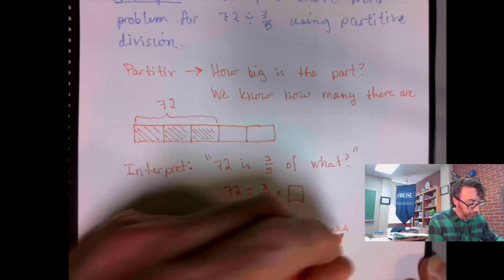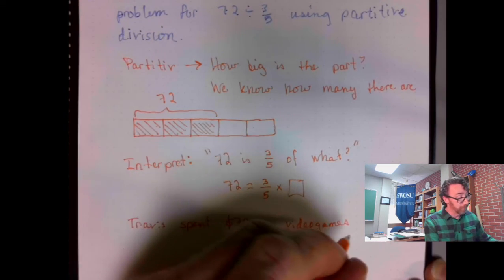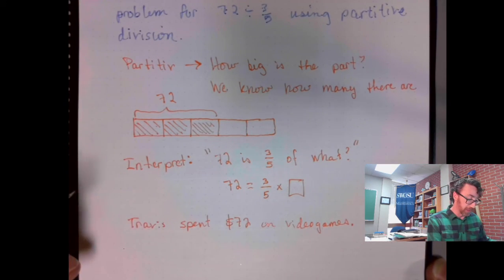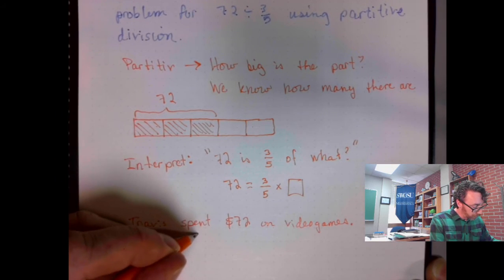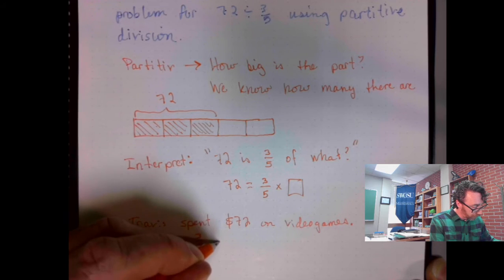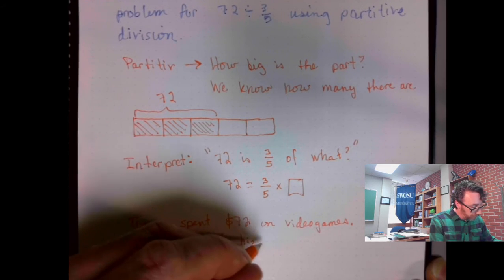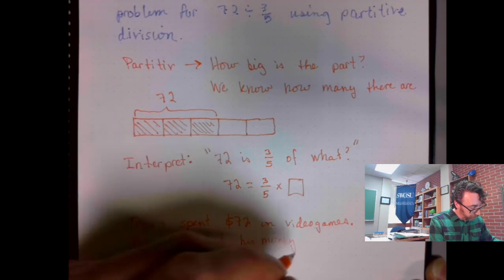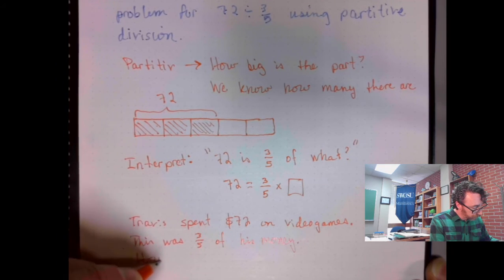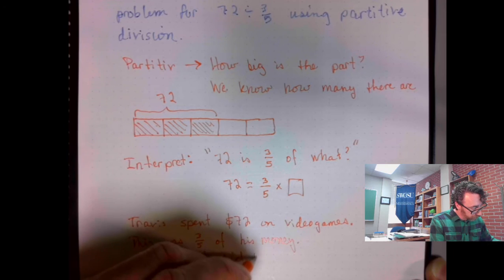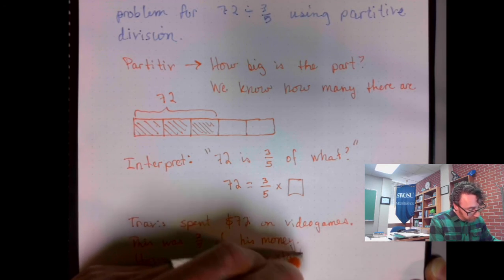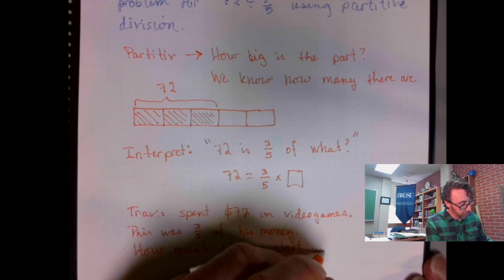I know they're not quite that expensive, so let's pretend he bought more than one. So he spent $72 on games. This was 3/5 of his money. How much did he start with?